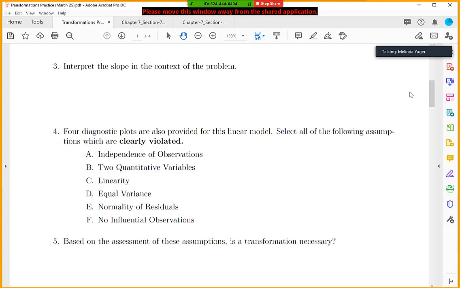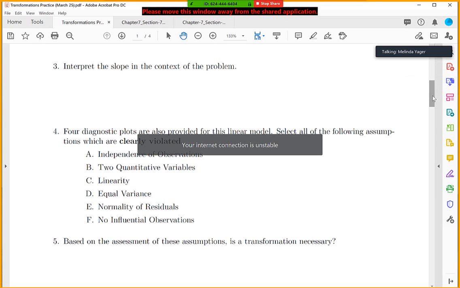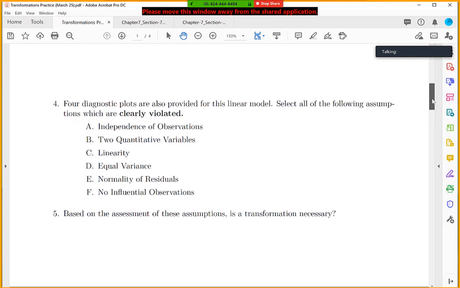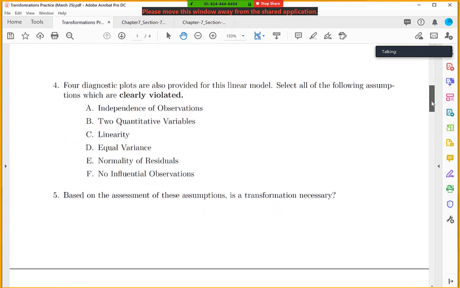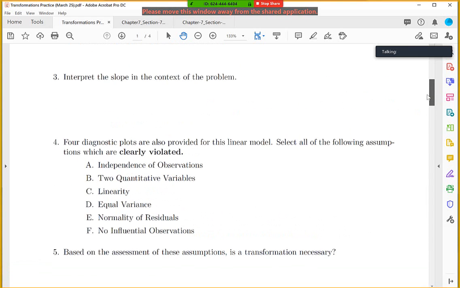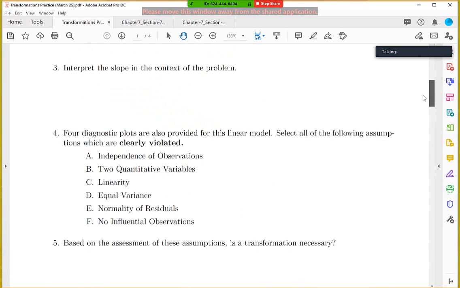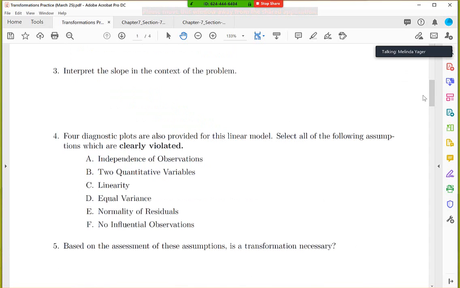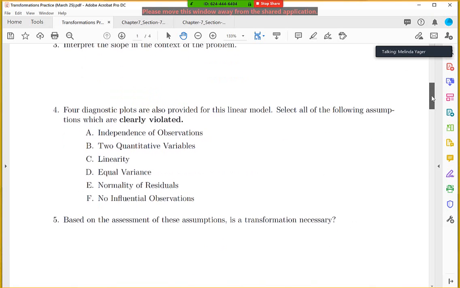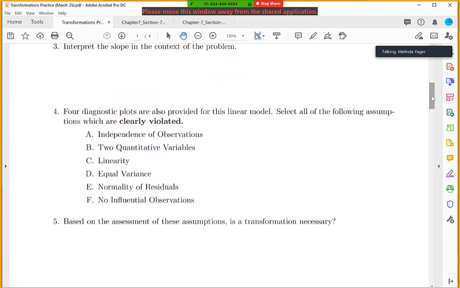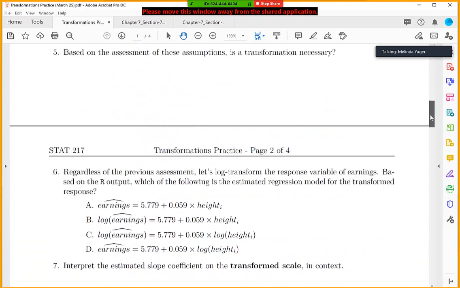Okay, I did get that Word document up there. Any questions on how to interpret the slope? Obviously, there's no transformation yet here, so we don't have to worry about original versus transform scale. So at this point, we're just talking about as x increases by 1, what do we expect to happen to the average y value?